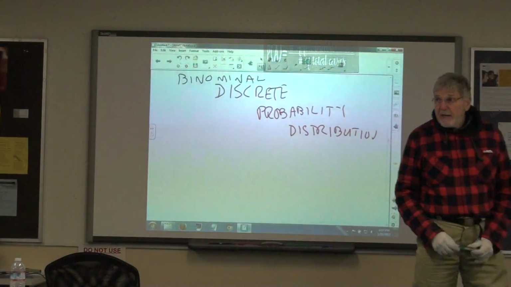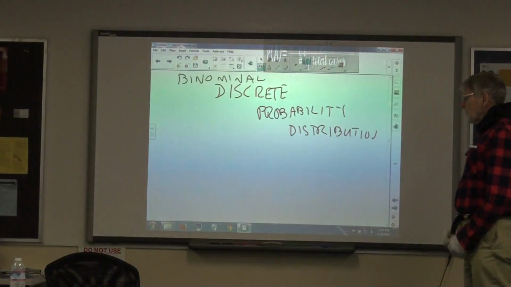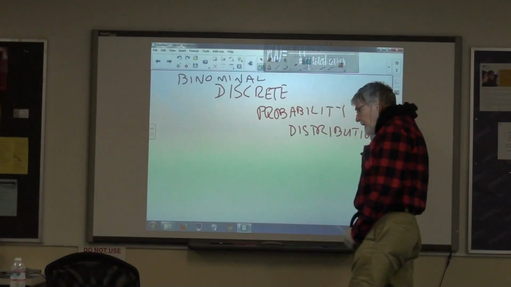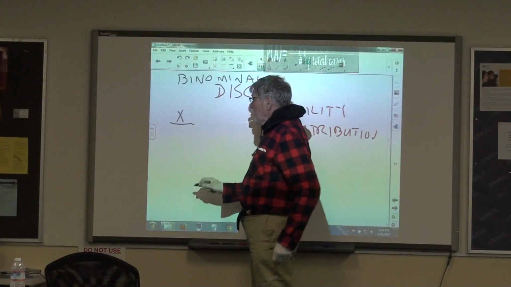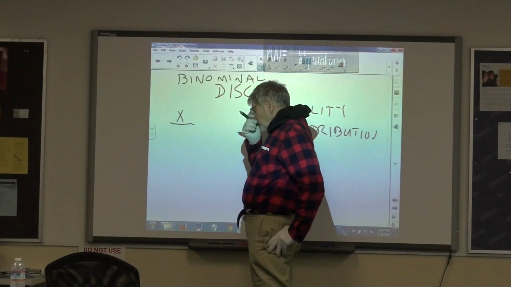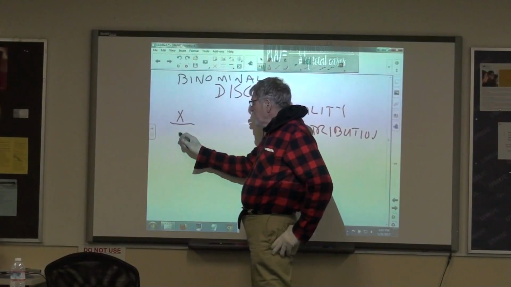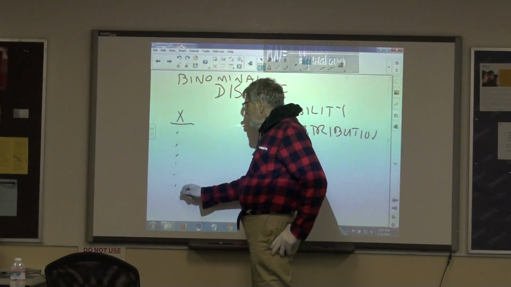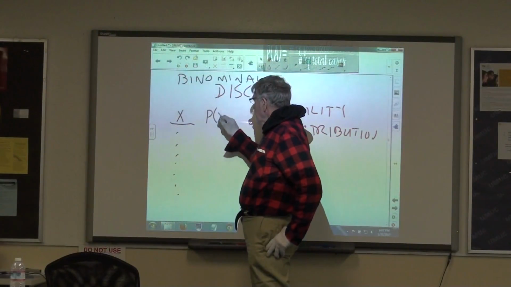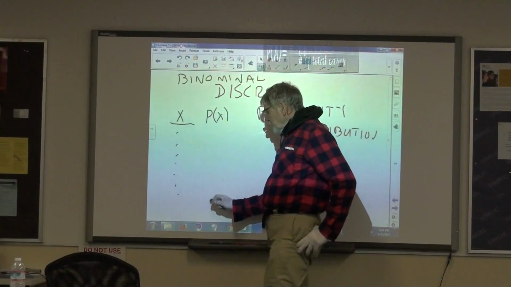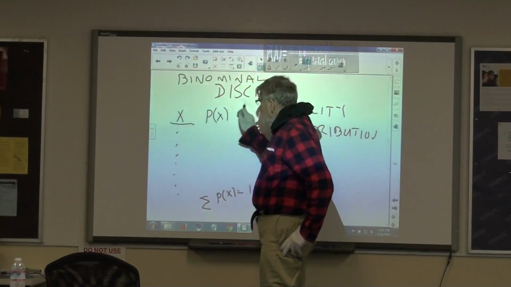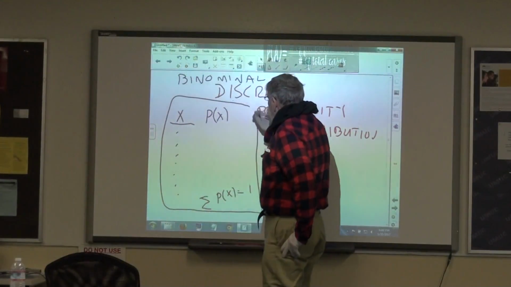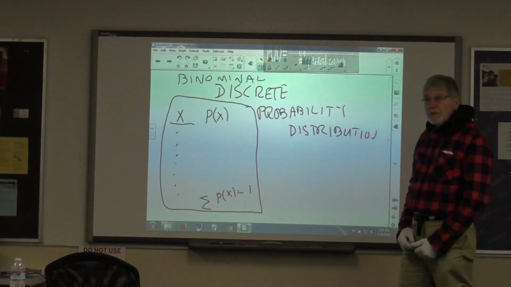It's a particular type of probability distribution. Now, you know a probability distribution is characterized by having an x parameter that can take certain values. And each one of those values has associated with it a probability of occurrence, and the sum of the probabilities adds up to 1. This is the definition of a discrete probability distribution.